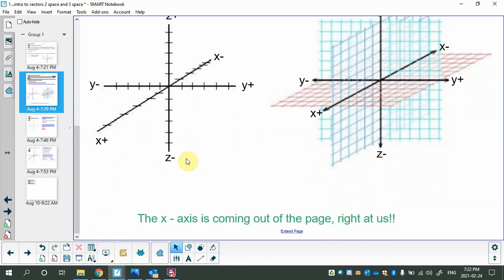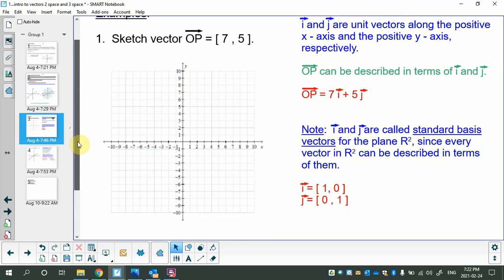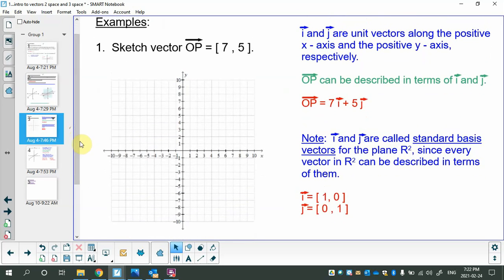All right, so first question is, let's see if we can do 2 space. Sketch vector OP so that its components are [7, 5]. This is not difficult. This is the olden days.